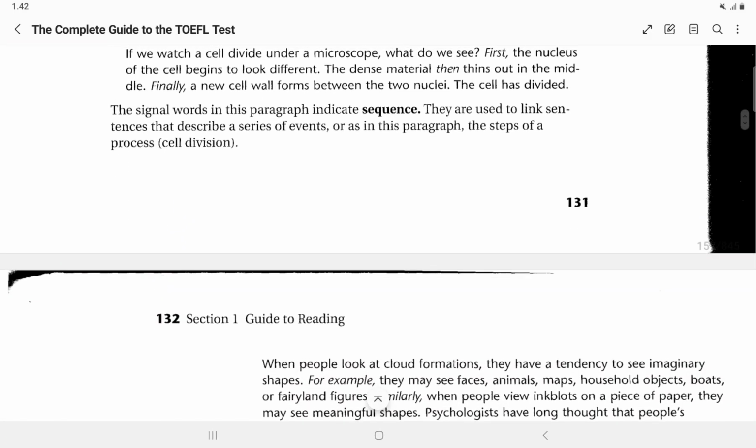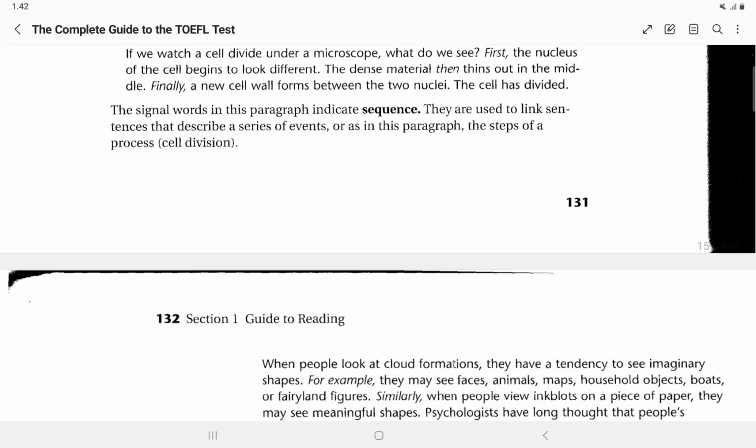If we watch a cell divide under a microscope, what do we see? First, the nucleus of the cell begins to look different. The dense material then thins out in the middle. Finally, a new cell wall forms between the two nuclei.